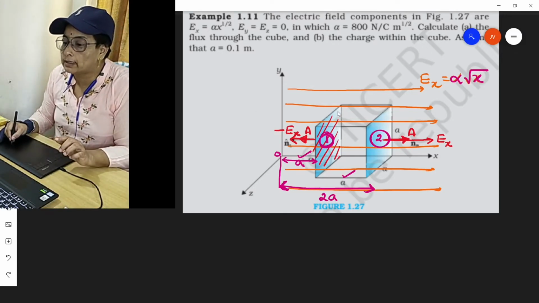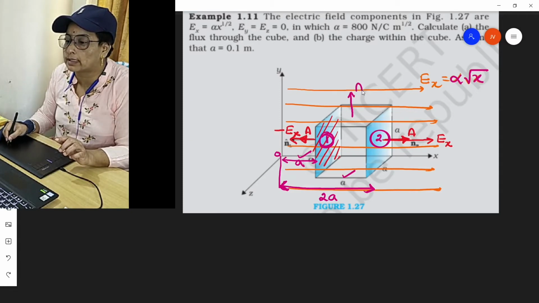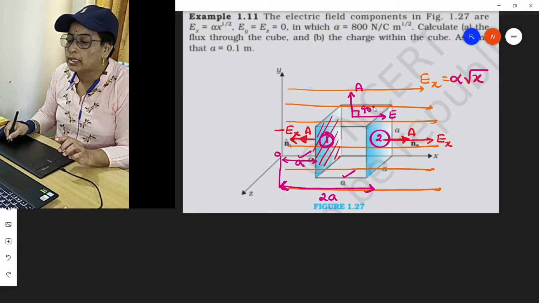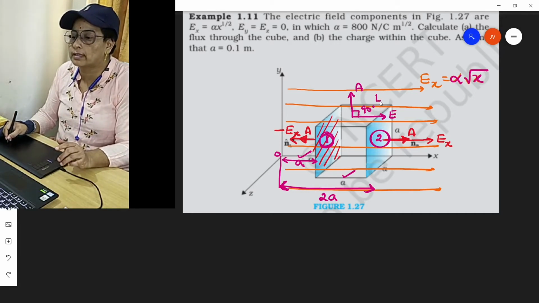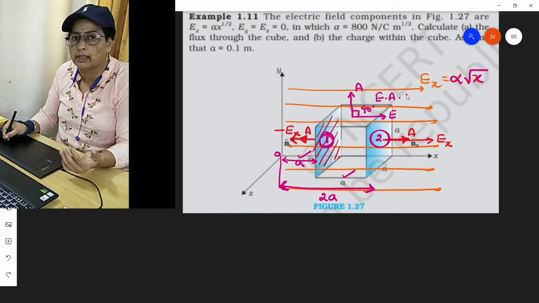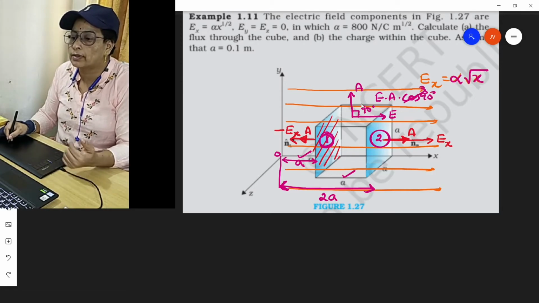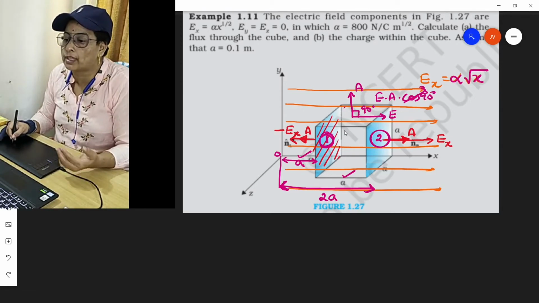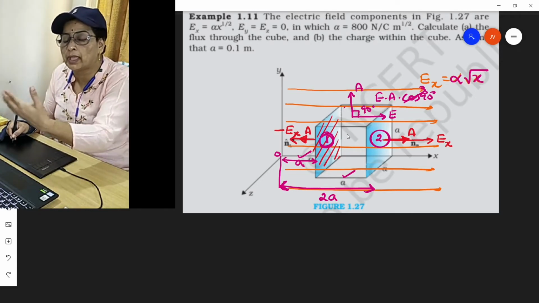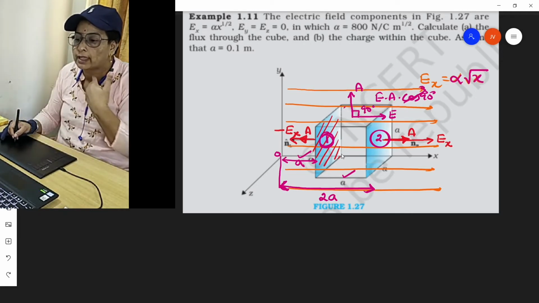Now the other faces, that means the top face: the area vector is in this direction, the electric field is in this direction, and the angle between them is 90. So electric flux is E dot A, that is EA cos 90 degrees. Cos 90 is 0. So electric flux due to the top face, the behind face, the bottom face and the front face is zero.